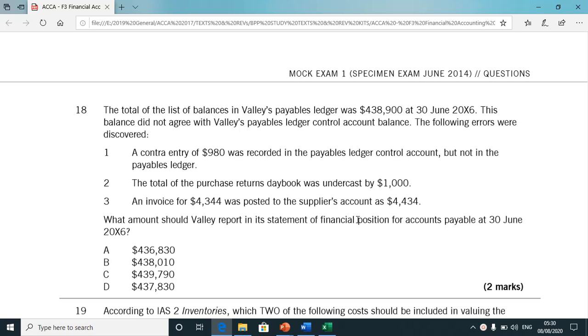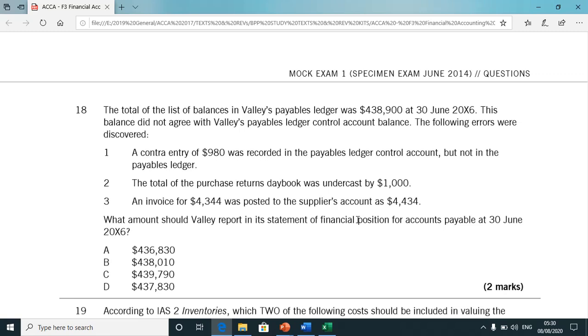We've got a contra of 980. We've got the total of the purchases returns daybook undercast. We've got an invoice which was posted to the supplier's account as 4434. What amount should be reported in the statement of financial position?